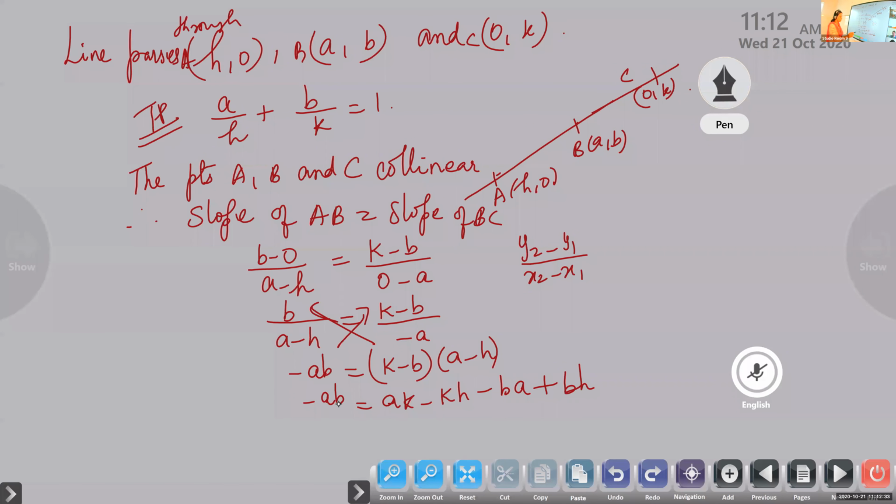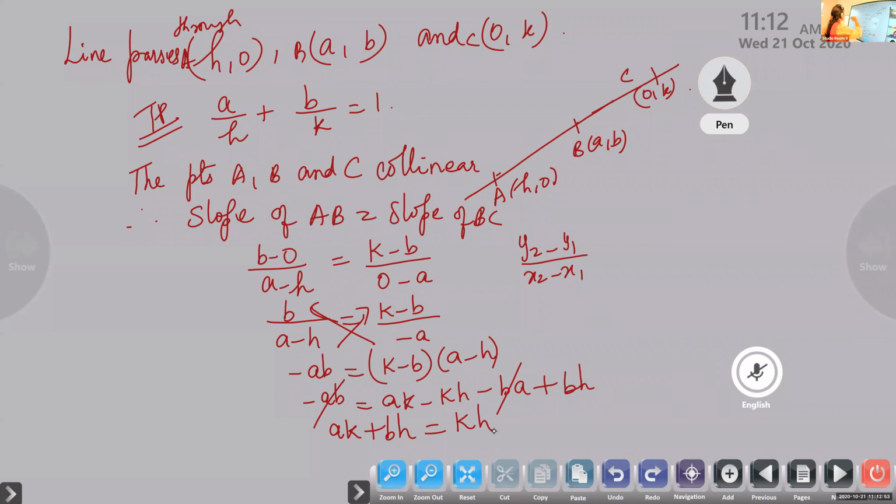Now both the sides you have negative ab, you can cancel. So you'll get ak plus bh is equal to kh. Negative kh, you take to other side.